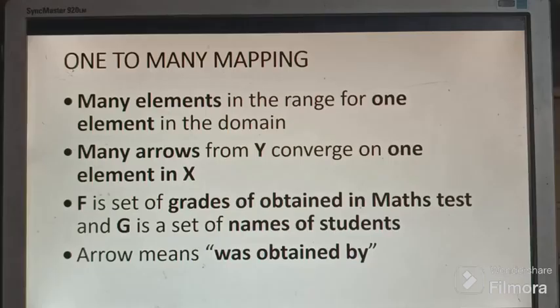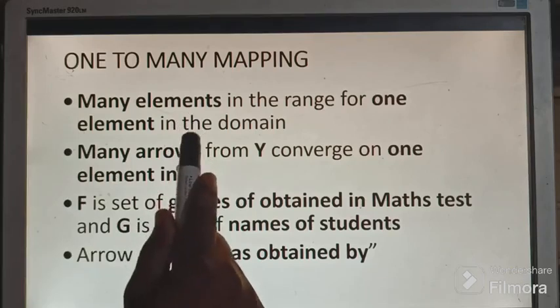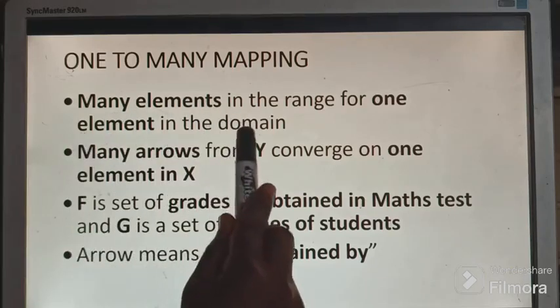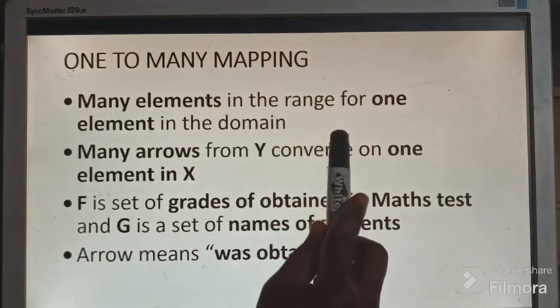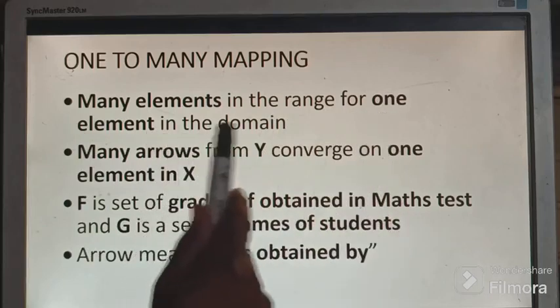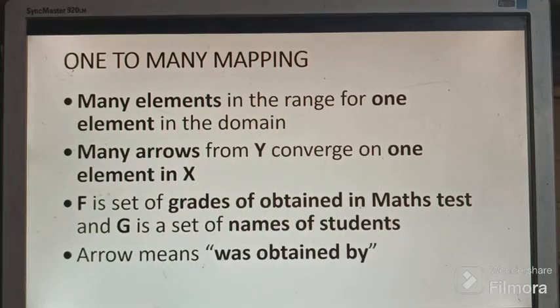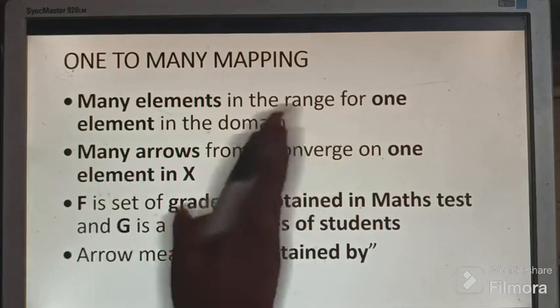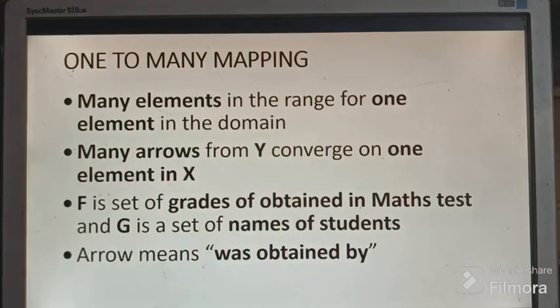Now let's discuss one to many mapping. One to many mapping is where many elements in the range are for one element in the domain. What are we saying?